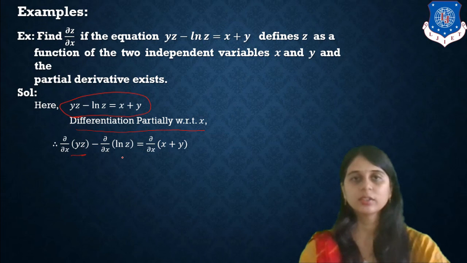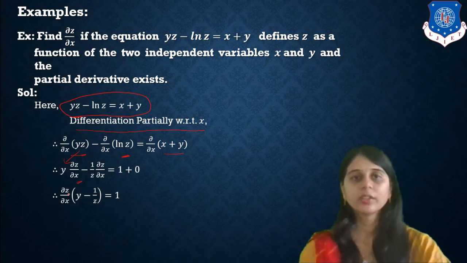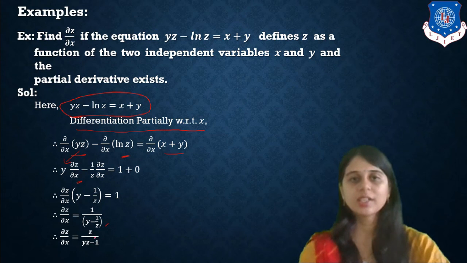Y as it is, del z by del x, 1 by z del z by del x equals 1. So del z by del x times (y minus 1 by z) equals 1. So del z by del x is 1 upon (y minus 1/z). So del z by del x equals z upon (yz minus 1).